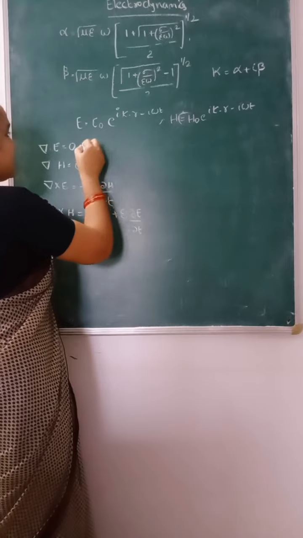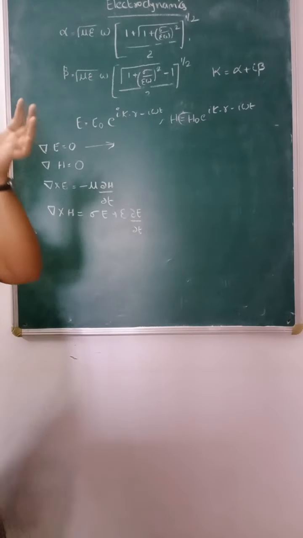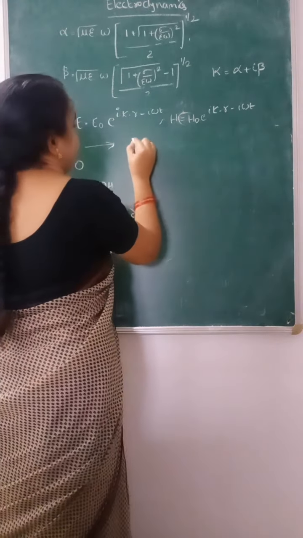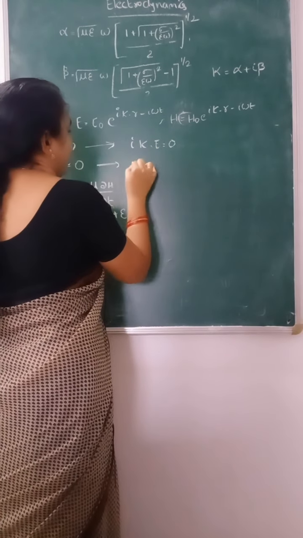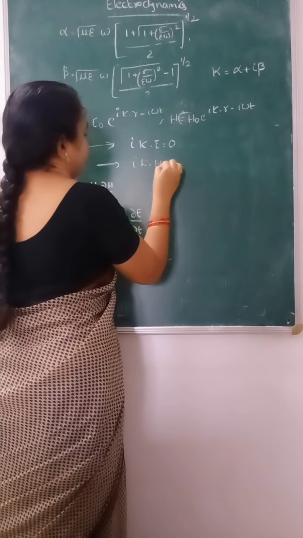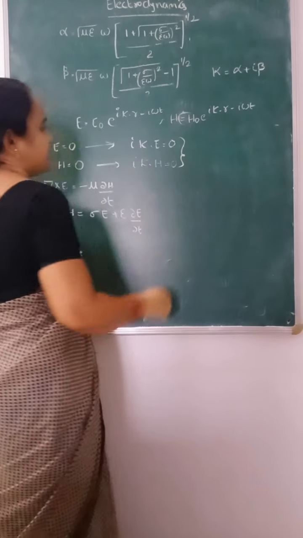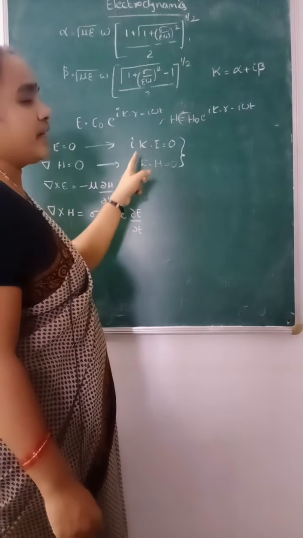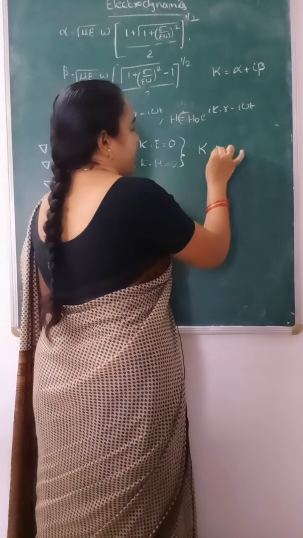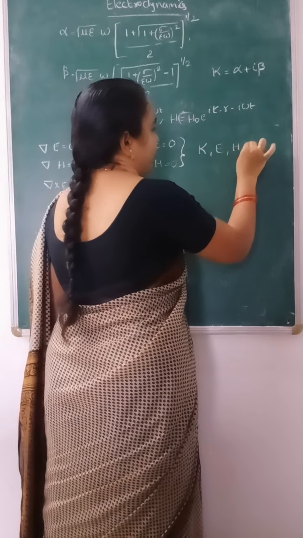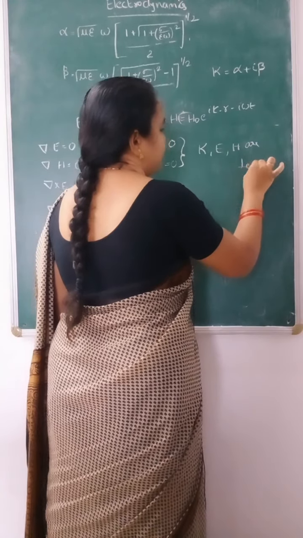Since del is replaced with i k, this is i k dot E equal to 0. Next, i k dot H equal to 0. That implies K dot E is equal to 0, K dot H is equal to 0, which means these vectors K, E, H are mutually perpendicular.